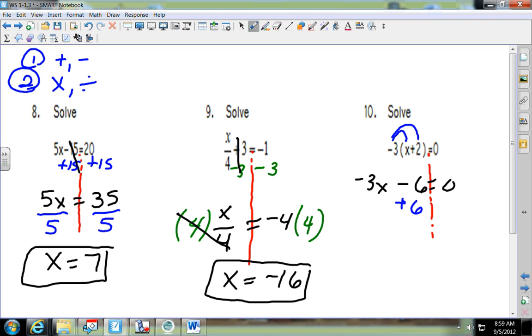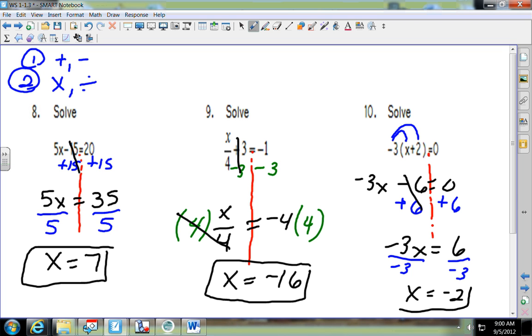We're going to add 6 to each side. Negative 3x equals 6. Divide by negative 3. You would have gotten x equals negative 2.